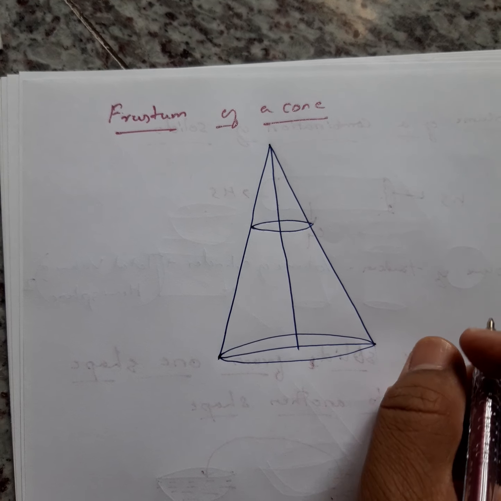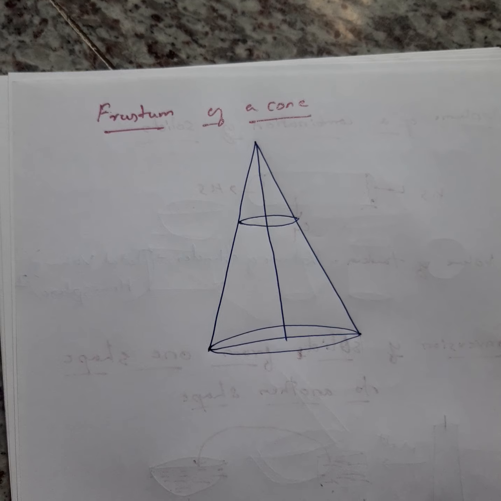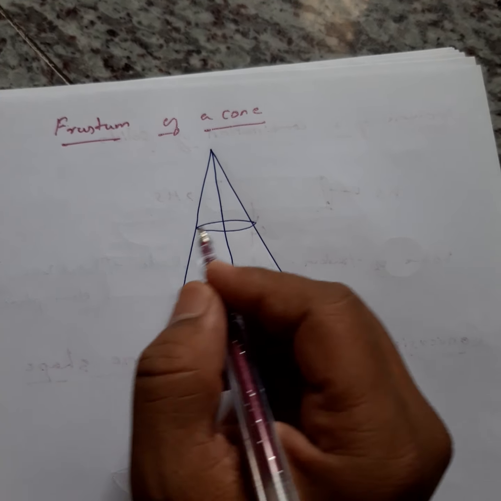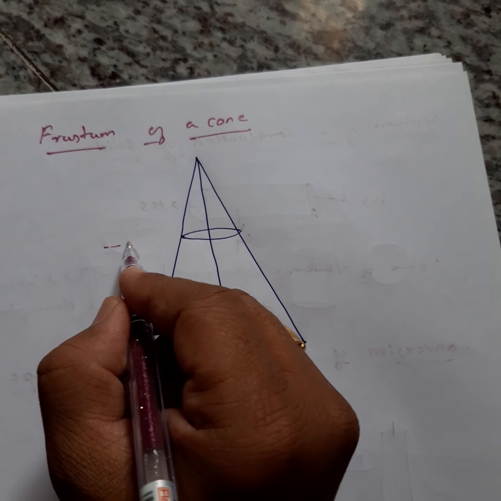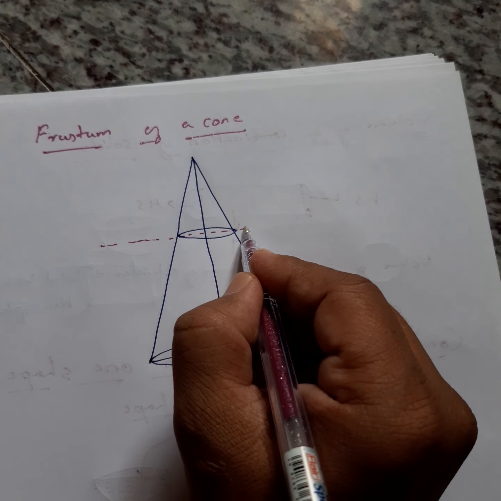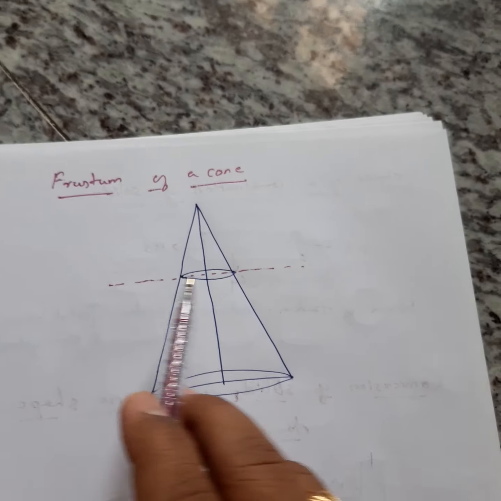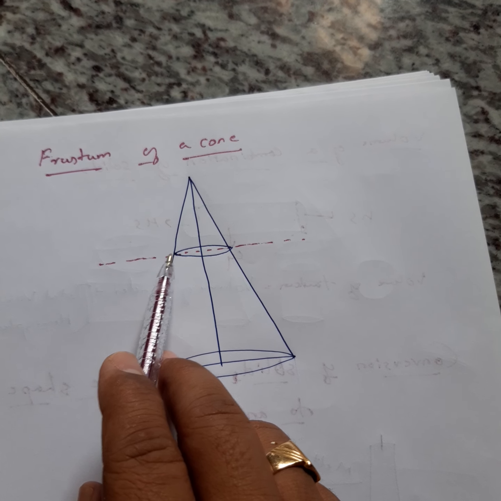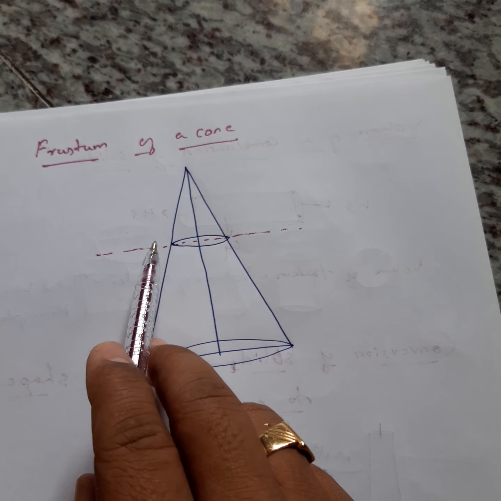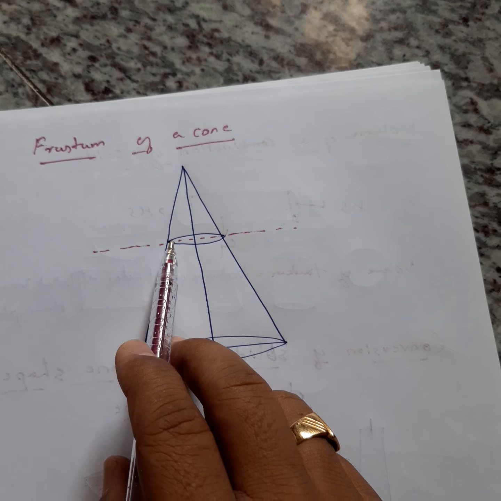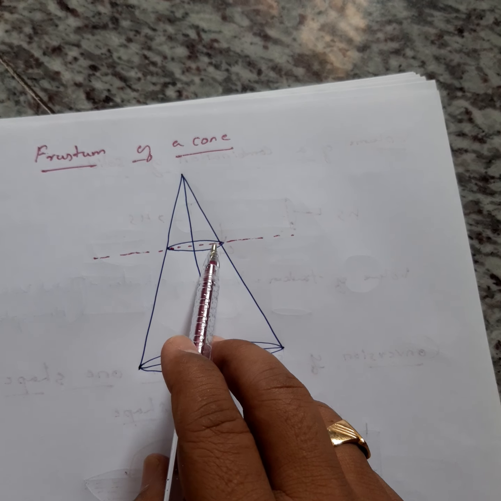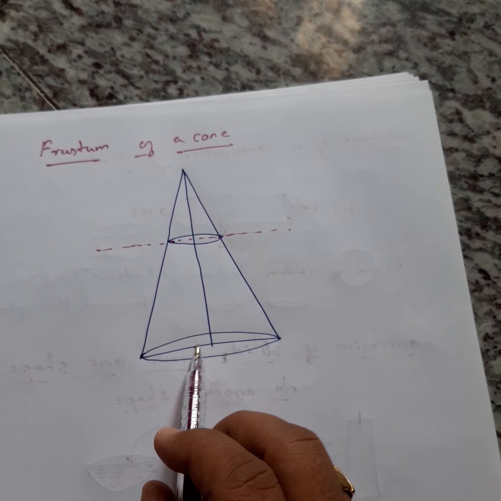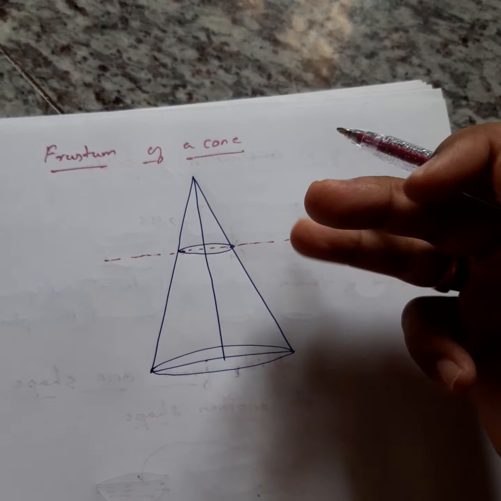First we'll understand what this frustum of a cone is. A frustum of a cone is formed when a cone is cut in such a way that the part which has been removed is cut parallel to the base of the cone.